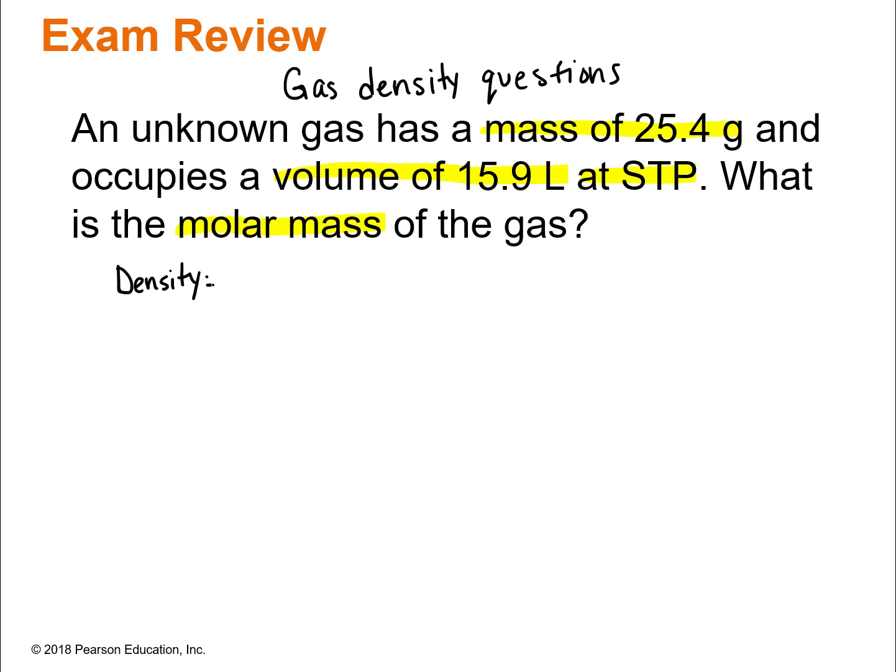In Chapter 2, we talked about how density is defined as mass divided by volume. And in Chapter 8, we also said that for a gas at STP, the molar mass of that gas divided by the molar volume will also get us to the density.